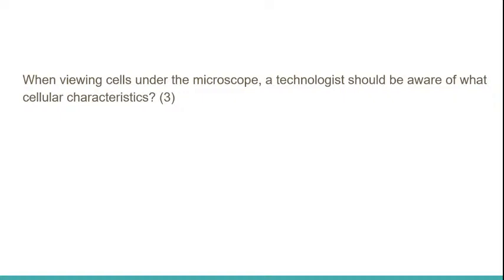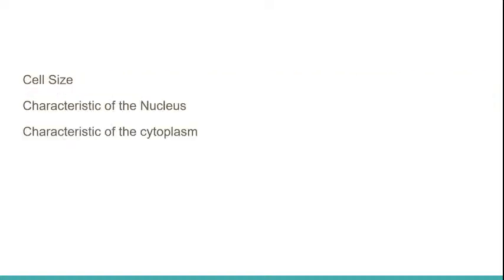So we're going to start first with RBCs in this particular lecture, and then we're going to build up to inclusions as well as WBC morphological abnormalities. Okay? Now, let's move on to the answer to this question. It's cell size, the characteristic of the nucleus, and the characteristic of the cytoplasm. So for RBCs, what we're looking for is cell size and the characteristic of the cytoplasm.